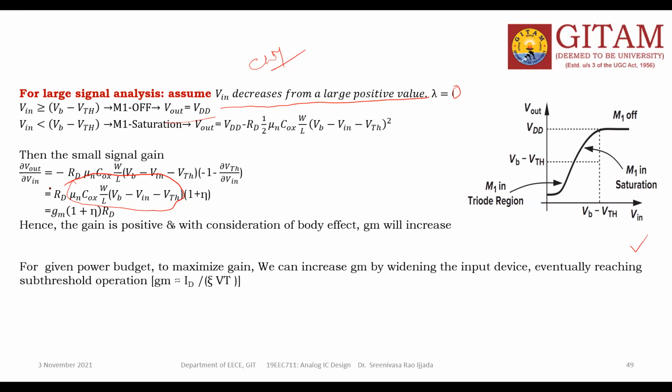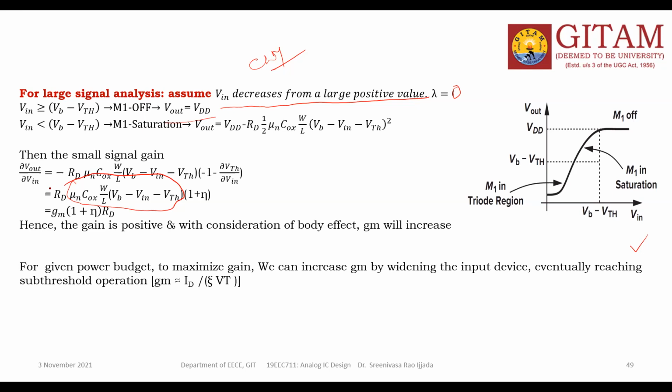Moreover, touching RD will create many problems: higher resistors occupy more space in the silicon area. But here I want to improve my gain without touching the input voltage or the load resistance.